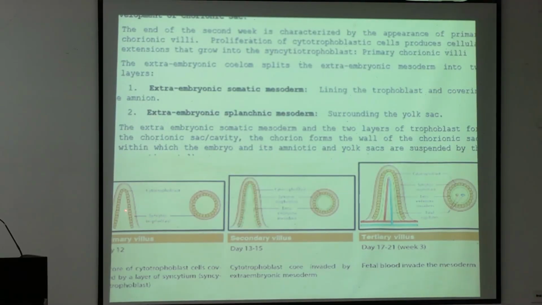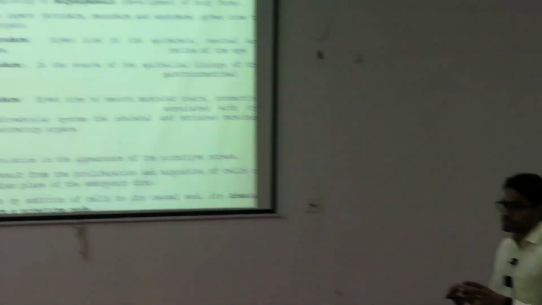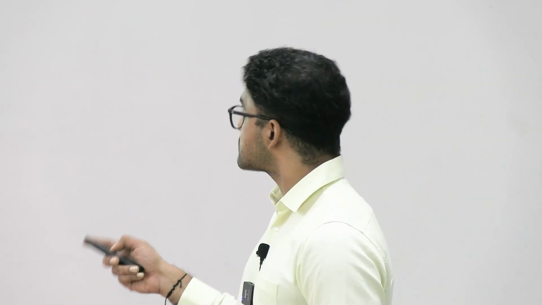This is the cytotrophoblast, and this is the syncytiotrophoblast. The syncytiotrophoblast forms the lining of the intervillous space. The intervillous space is found in the placenta. We'll come across it later on, and that space is where the maternal blood comes in contact with the fetal villi.